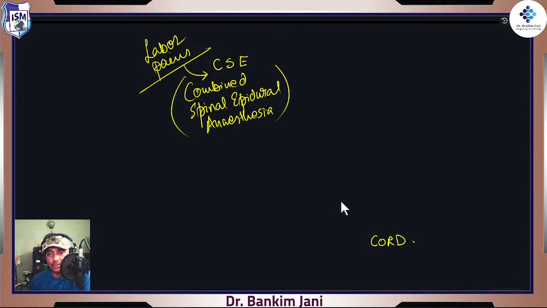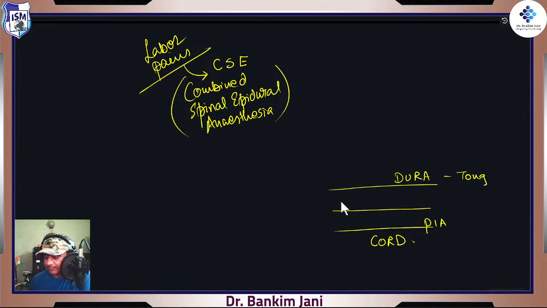There is spinal cord. Spinal cord is covered with pia mater, arachnoid mater, and the dura mater, right? So this is pia mater. That one is dura mater. Dura means durable. It is tough. So there has to be the toughness outside, right?